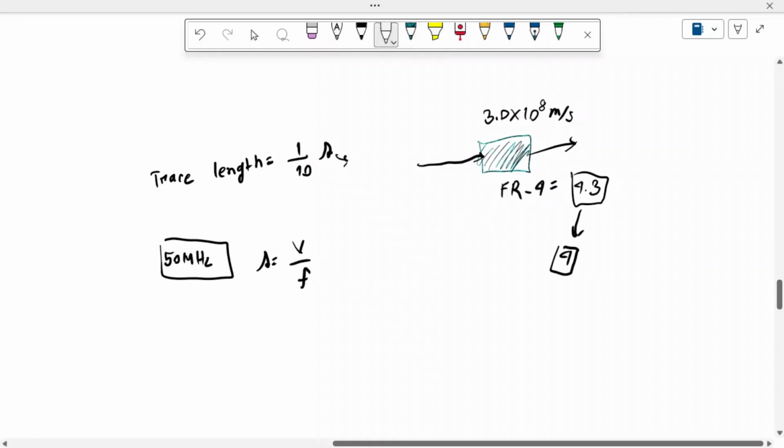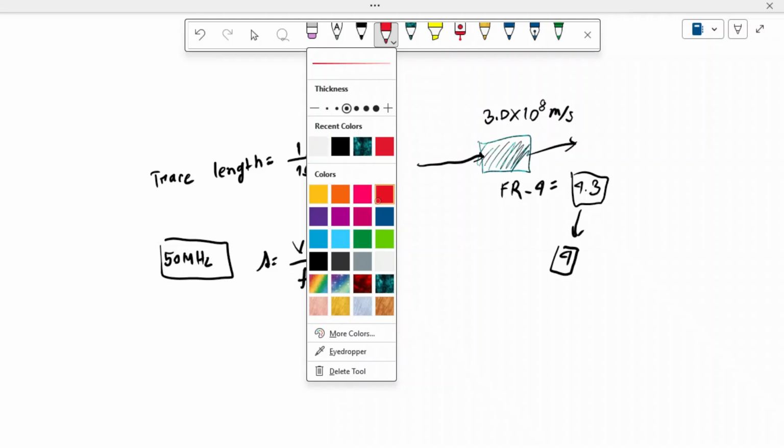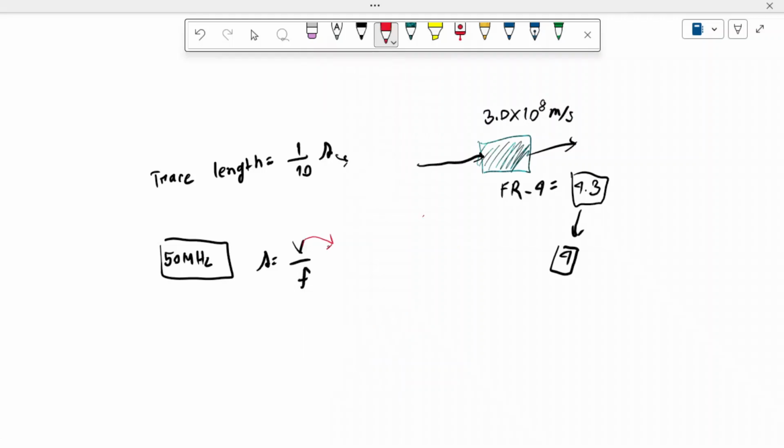Let's just change the color a little bit. I'm gonna tweak this formula to say C over the root of your permittivity, whole square. So right now you have your C as 3.3 into 10 to the power 8 meter per second. That's great.